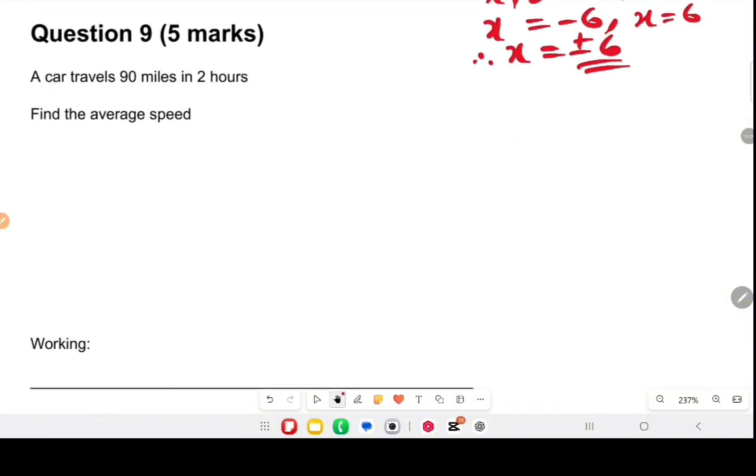Question number 9 says a car traveled 90 miles, meaning the distance traveled is 90 miles, in 2 hours, time traveled is 2 hours. Then find the average speed.